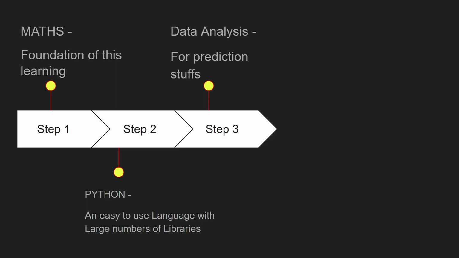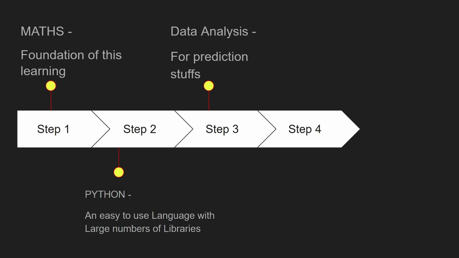Suppose you have data and you are good at analyzing and predicting from it, then half of your problem is solved, and that is where you will be called a data analyst. And by analyzing that sort of data, you could become an AI engineer, right? So that is the third step.